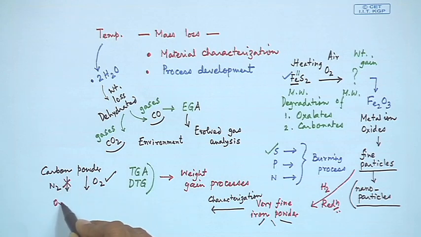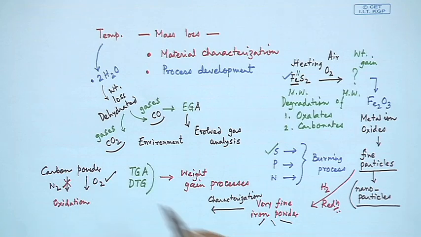But when the environment is nitrogen, we will not be able to go for its corresponding oxidation. So, oxidation will not take place when nitrogen is there, but in case of O2, this oxidation is possible. So, if we get these fine iron powder particles, they can be so pyrophoric that even at room temperature, when exposed to O2, they can immediately react.